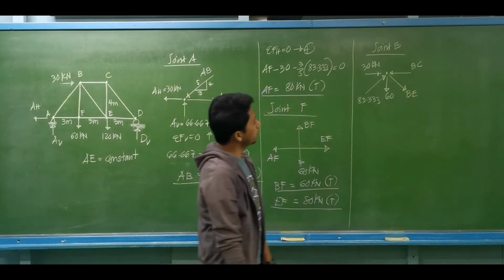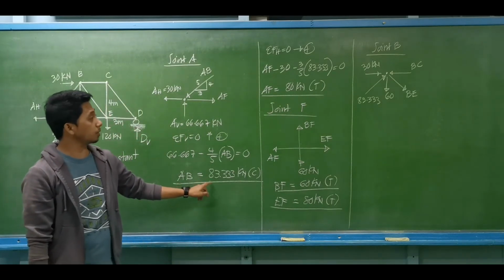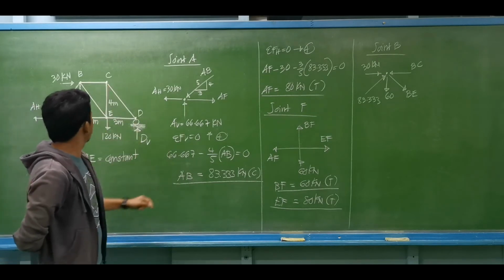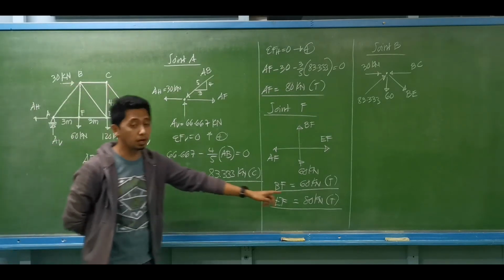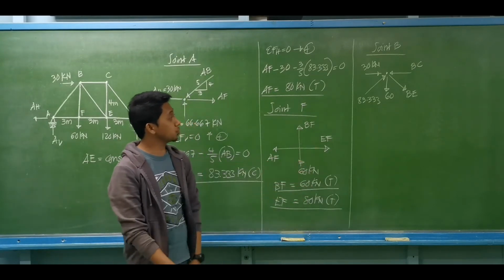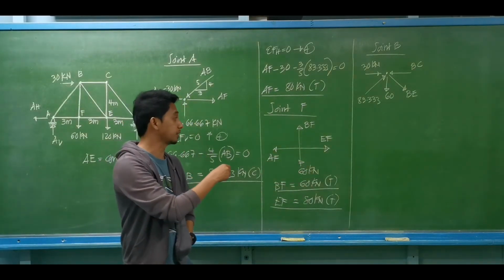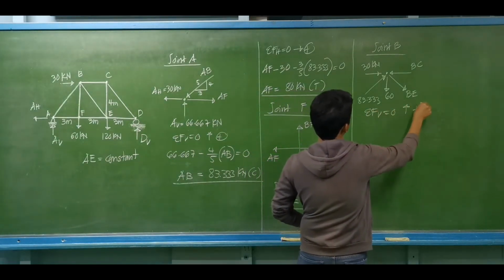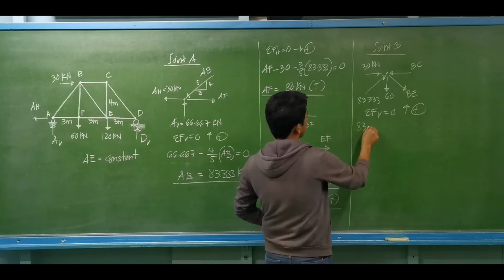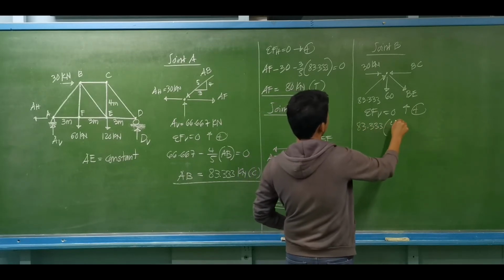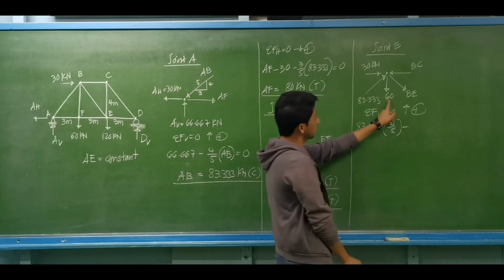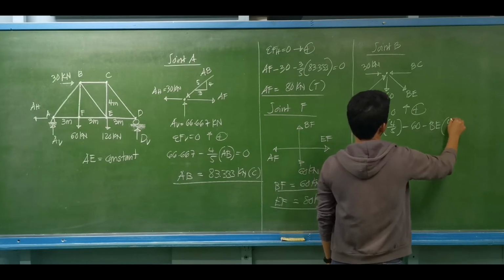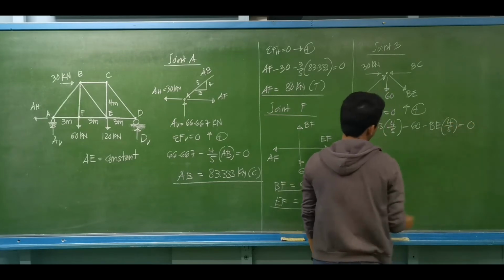So at joint B, we have member AB, 83.333 compression. I'll be assuming that BC will be under compression. We have the member BF, that is 60 kilonewtons, under tension. I'll be assuming that BE will be under tension. This is by summation of forces vertical equal to 0, upward forces to be positive. We have 83.333, vertical component is 4 over 5, minus 60 kilonewtons, then minus BE, vertical component is the same, 4 over 5, equal to 0.